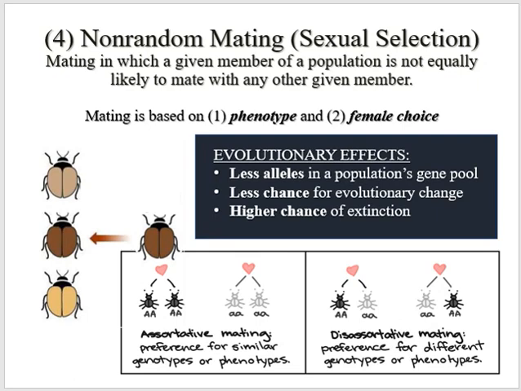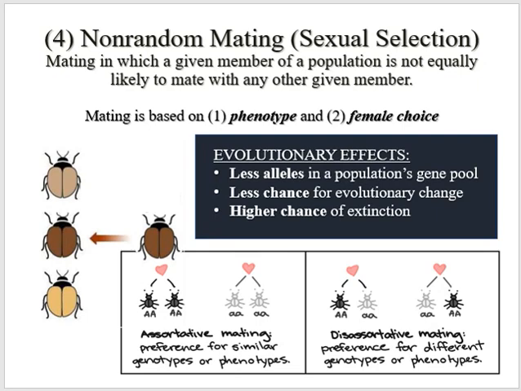And this is mating that's based on either phenotype or female choice. Usually it's both. Females are choosing males based on a certain phenotype or a preference for a certain phenotype.